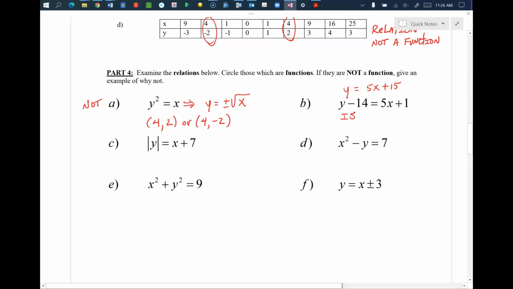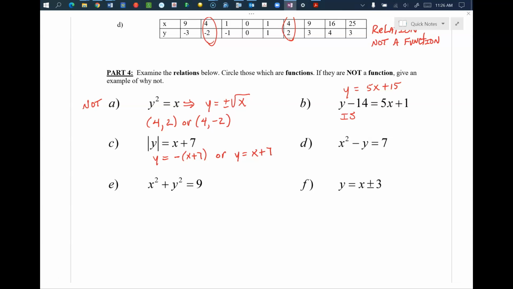Letter C, well, this goes back to what we just finished in chapter P, solving absolute value equations. And we would translate that statement into y is equal to the opposite of x plus 7, or y is equal to x plus 7. That's how we solve absolute value equations. So let's plug in an x value.